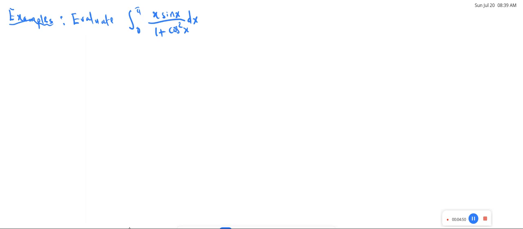So we want to make use of the King's identity here, or the King's rule. So I can call this integral 1.0. Okay, so this is integral 1.0.